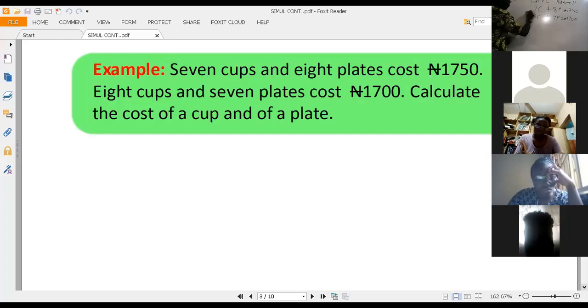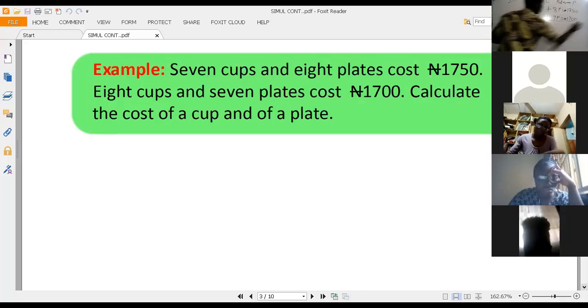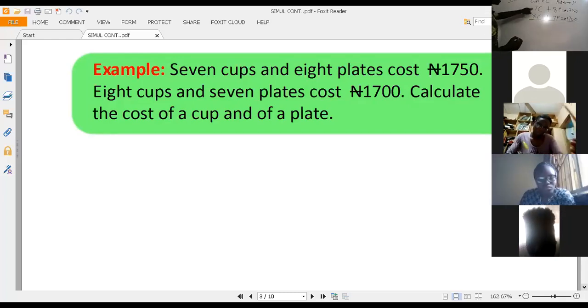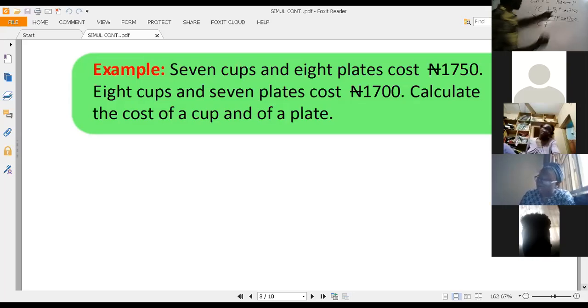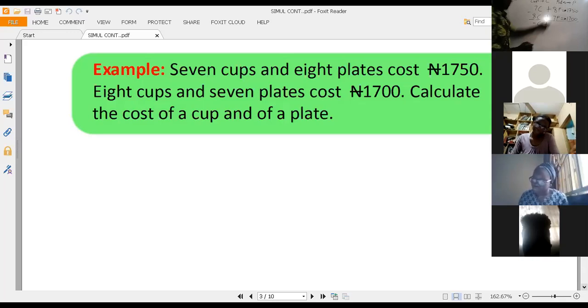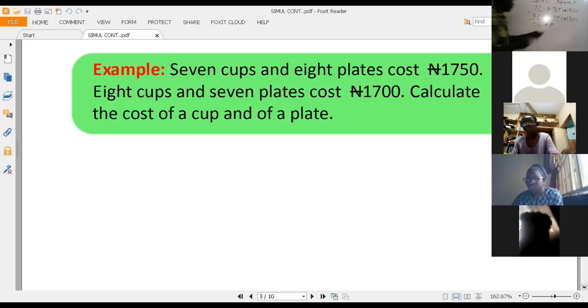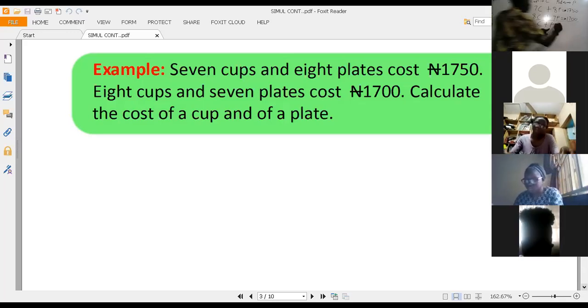Now, if you subtract all through, 7 cups minus 8 cups, 7 minus 8 will give you minus 1, so you have negative C. Also, 8 minus 7 will give you just 1, and that is 1 plate. So you have 1750 minus 1700. That will give you 50.